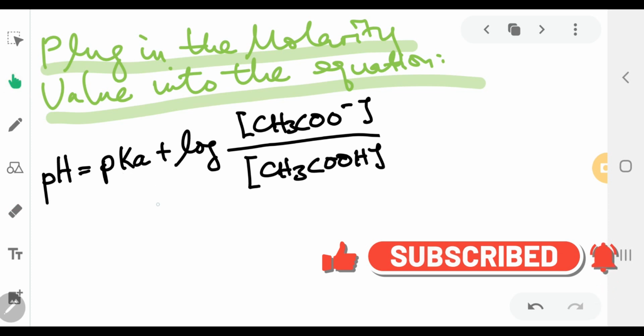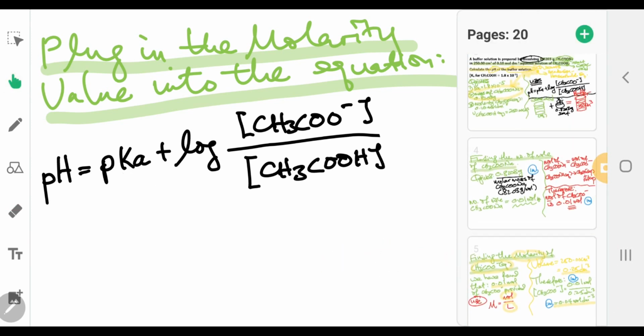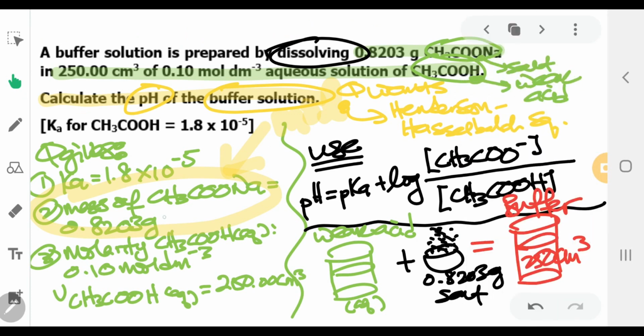Ka value is given. So the Ka value, if you go back to your question, is right here. So we're just going to plug in the value into there. We have the concentration already given to you of the weak acid, which is 0.1. So we're just going to plug in that into there.